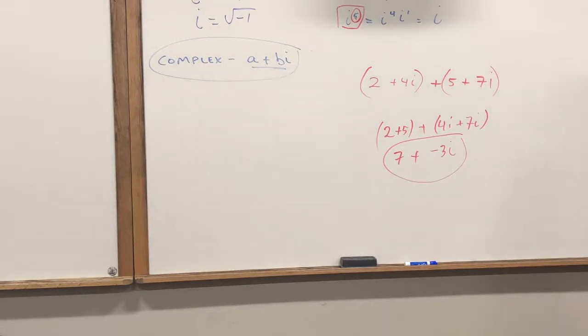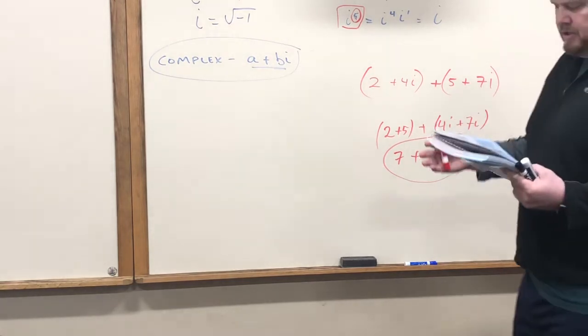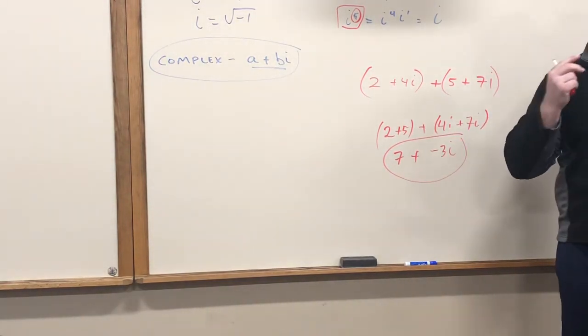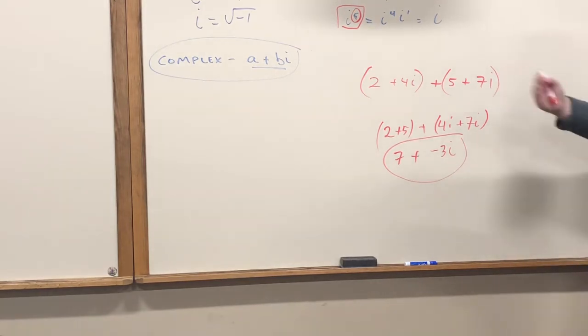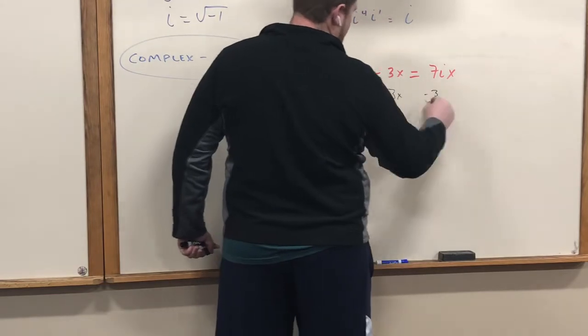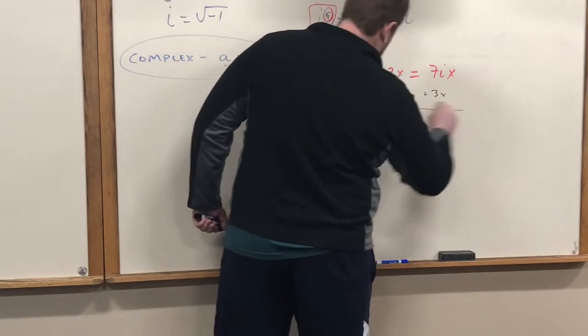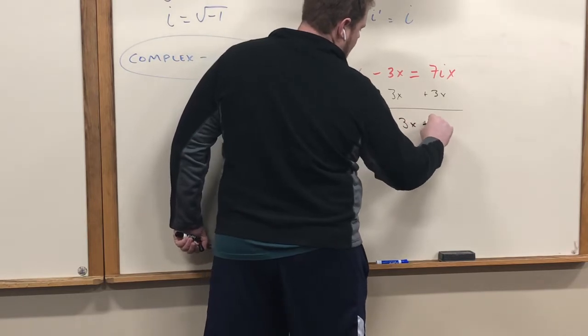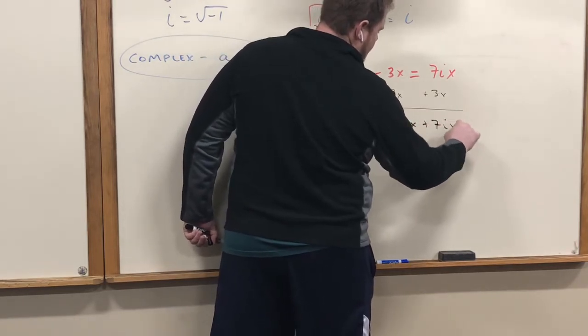What you need to remember is that when you have this information, the commutative property works across these lines. Both sides, add 3x to both sides. We're left with 6 equals 3x plus 7ix.